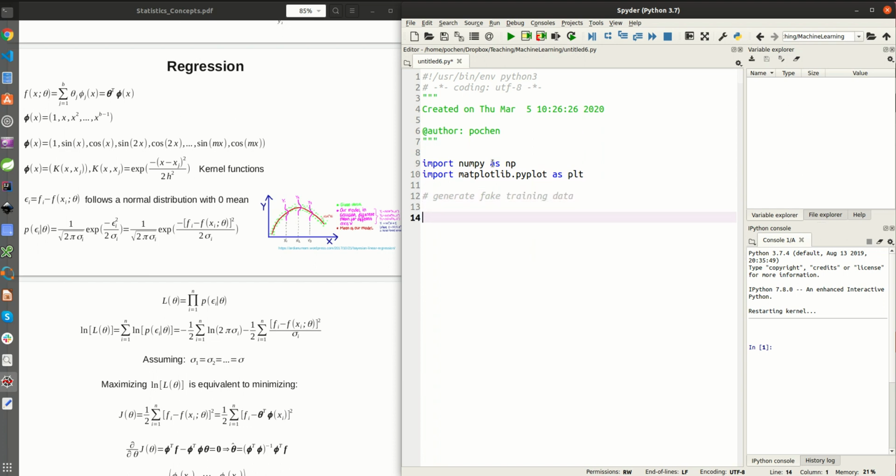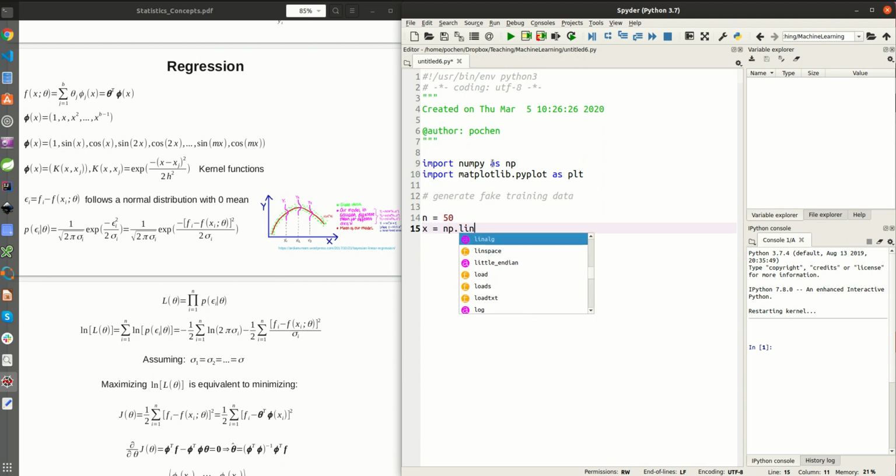Again, we are going to use 50 points, and x is going to equal np.linspace from minus 3 to 3 with small n points. That's going to be the locations of our training data, and then pix is going to equal np.pi times x.